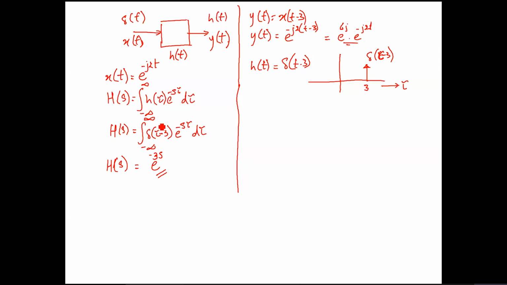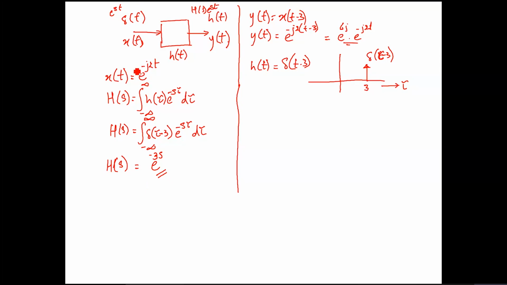Plugging in the value for this h of tau, we can directly find h of s. Now we know h of s. So the concept of h of s is, if input is e raised to power of st, output is h of s times e raised to power of st. Simple. And we have found h of s.